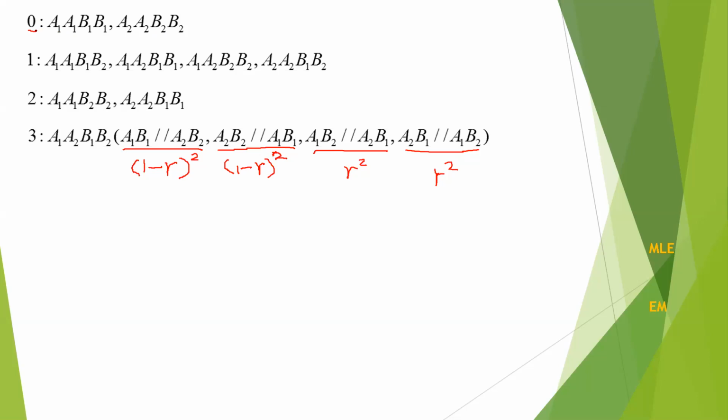So there's 0 crossing over in each of these subcategories. I labeled 1 here because if you look at each of these 4, there is only one gamete having a single crossing over. The other one is parental type. One parental type and one non-parental type, which means each individual only has 1 crossing over, right? So here, 2 crossing over because 2 gametes are all non-parental type.